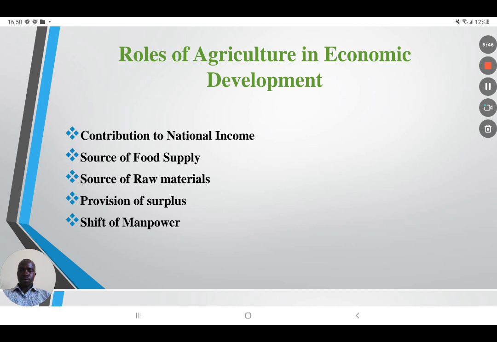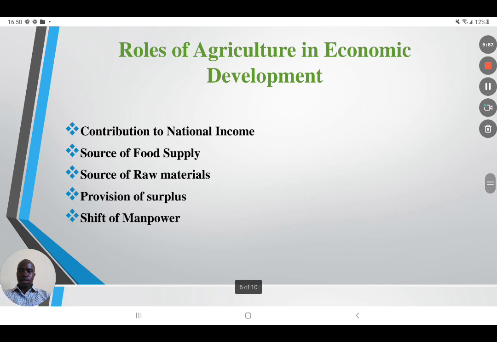For example, we can talk of a textile industry that uses hides and skins for making clothes. Then the other role of agriculture is provision of surplus, and this surplus is normally used for other purposes such as export and income generation.